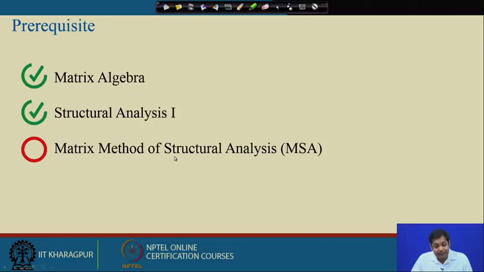And as this is an intermediate level, second level course, it is assumed that you have already done the first level course on structural analysis, which is structural analysis 1. For the completeness of this course, we will spend some time in the initial few weeks to revisit some of the basic concepts of matrix algebra and structural analysis.